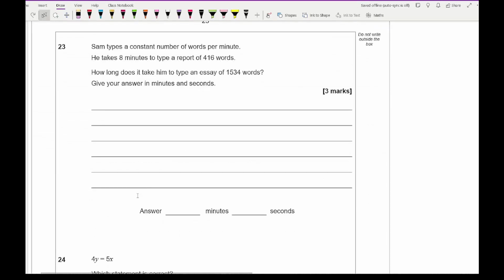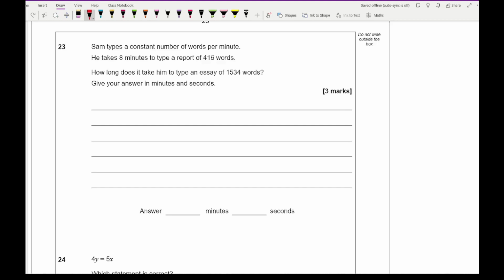Then moving on to question 23, it says that Sam types at a constant number of words per minute. He takes 8 minutes to type a report of 416 words. How long does it take him to type an essay of 1,534 words? Give your answer in minutes and seconds.